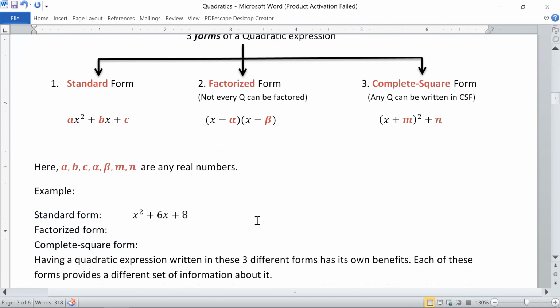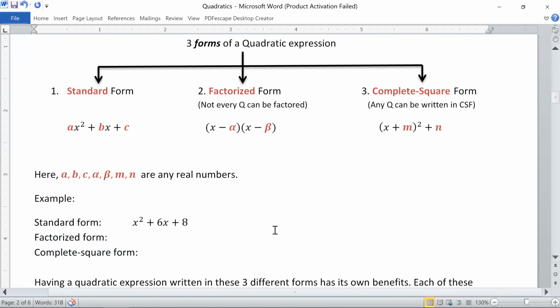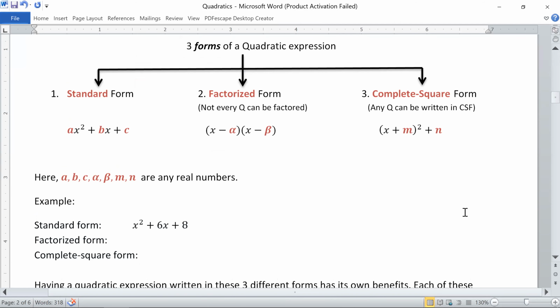Okay, so now I have put a capital Q. I hope you remember this.